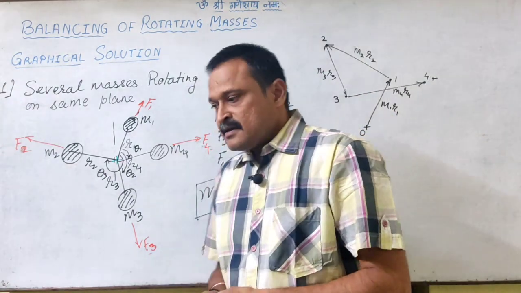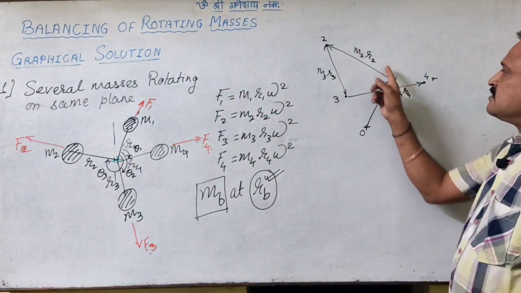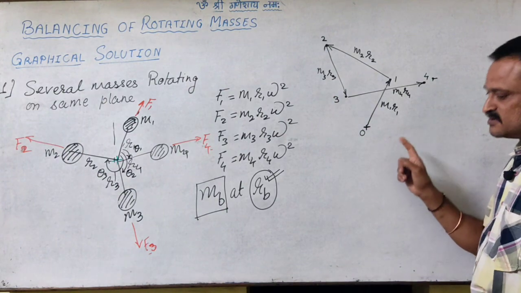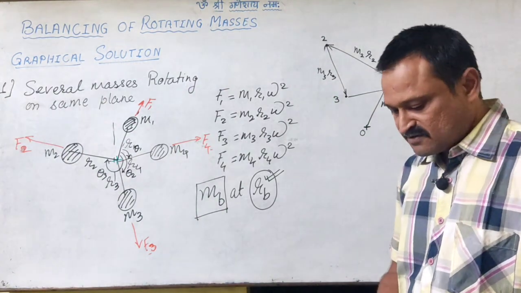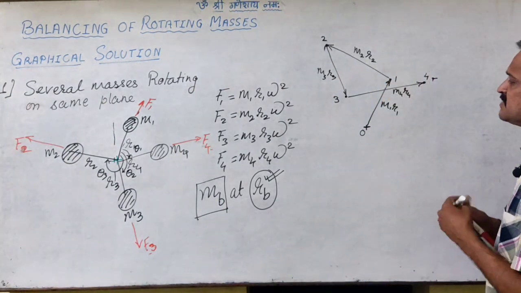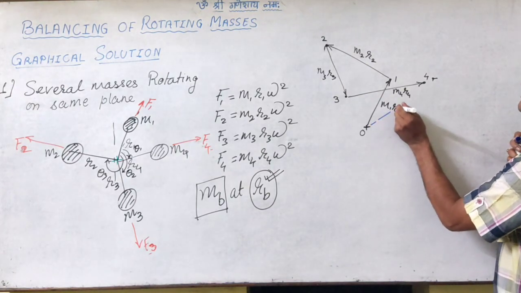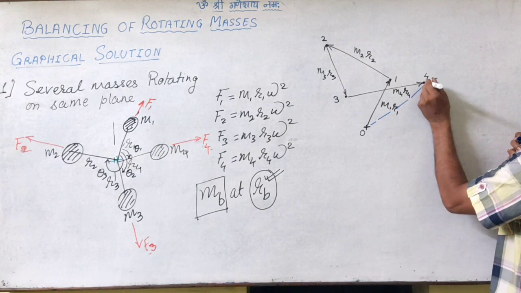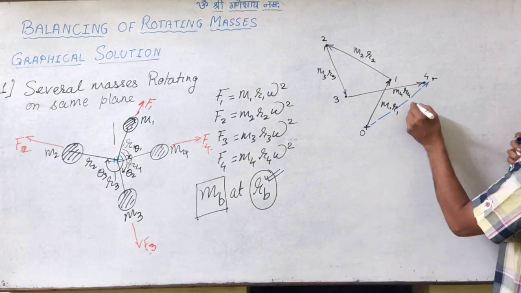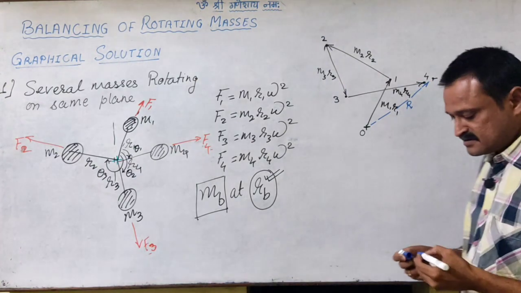Now when this force polygon is drawn, the resultant will be given by the vector joining the pole with the last vector, so this will be the resultant, right?